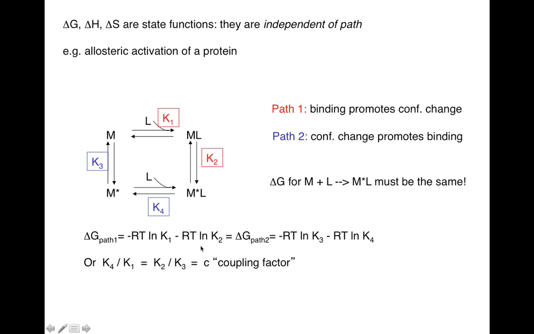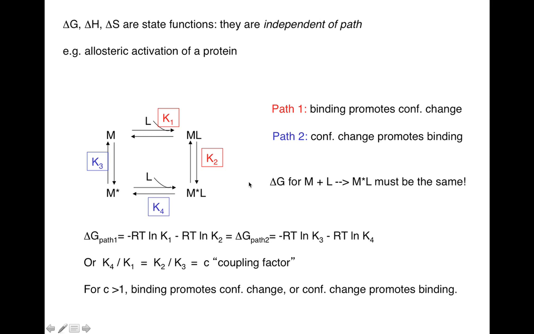So if we rearrange everything, we can see that the ratio of K4 to K1 has to equal K2 over K3, and that's in the allostery business called a coupling factor. So if that coupling factor is greater than 1, it means that the binding promotes conformational change. It's favoring this M star L, or conformational change is promoting binding.